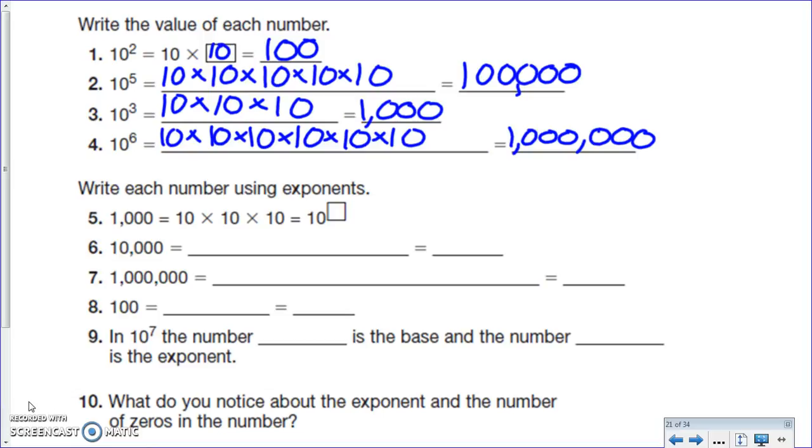So 1,000 is 10 to the third, because you have to multiply 3 tens to get there. 10,000 is 4 tens multiplied together, so it becomes 10 to the fourth. For 1 million, as we know from above, it's 6 tens multiplied together, so we have a base of 10 and 6 as the exponent.